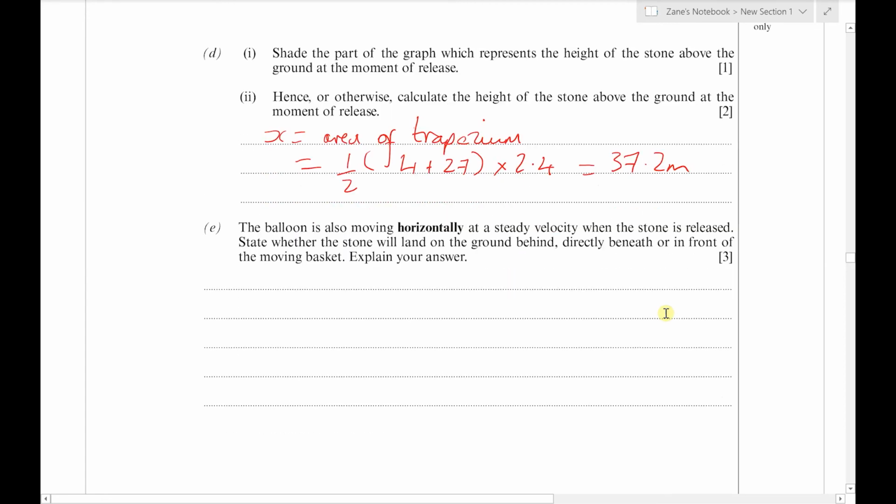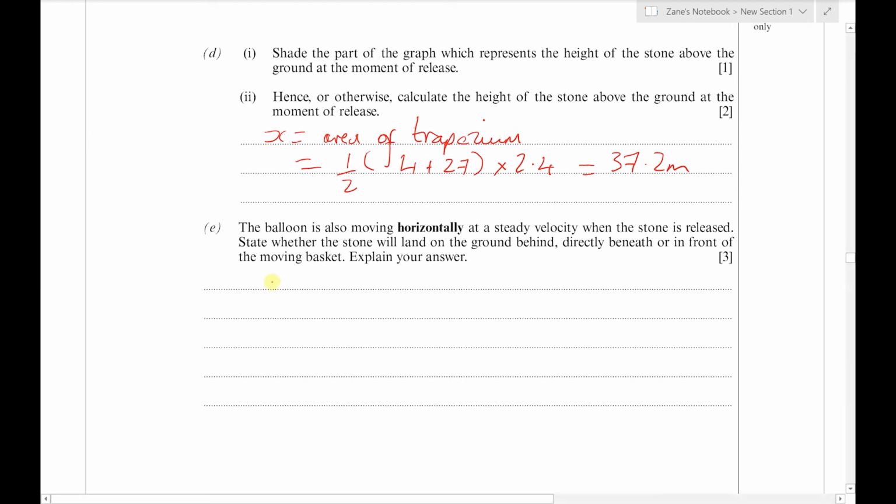The final part of the question asks us to consider what happens if the balloon was also moving horizontally. The balloon is moving horizontally at a steady velocity when the stone is released. State whether the stone will land on the ground behind, directly beneath, or in front of the moving basket, and explain your answer.